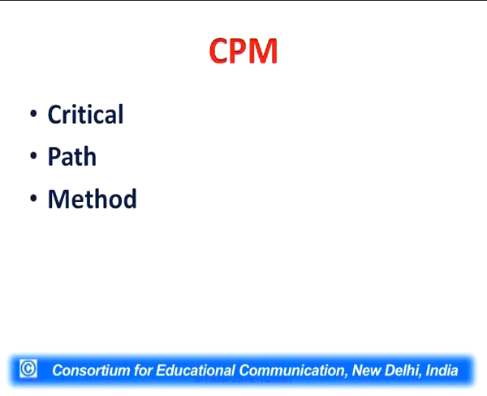Whatever timings we give to the activities, those timings are exact, because these are achieved by repeatedly carrying out the activities and then finally finding out the time of a particular activity. This time doesn't change during carrying out the project work. So this is called deterministic, and the PERT is probabilistic.